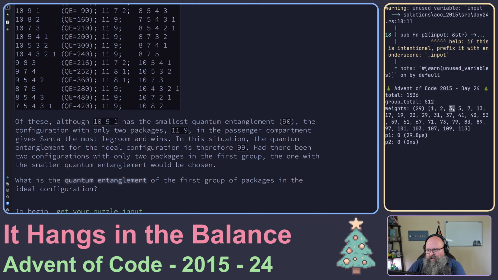1, 2, 3, 4, 5, 6, 7, 8, 9, 10. Like these numbers, if you think about it, you're not getting to 512 until somewhere in the 19 range.